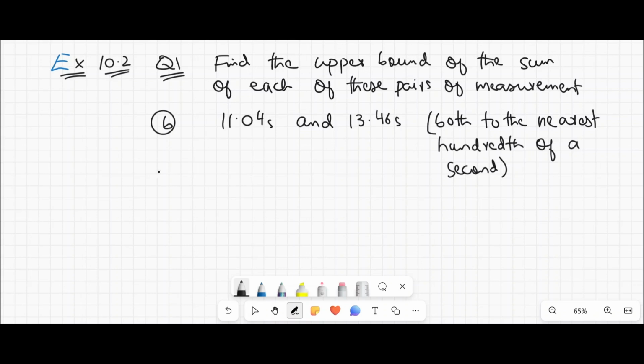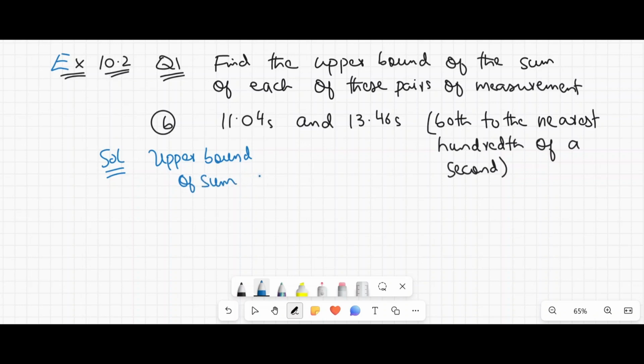For the upper bound of a sum, first let's write the formula. Solution is this: the upper bound of a sum is the upper bound of the smaller number plus the upper bound of the larger number.